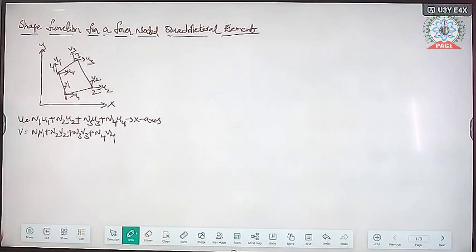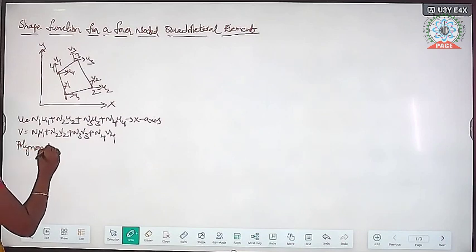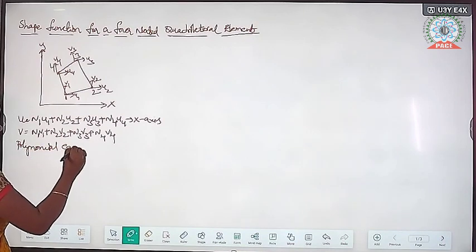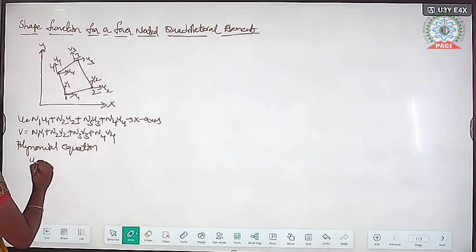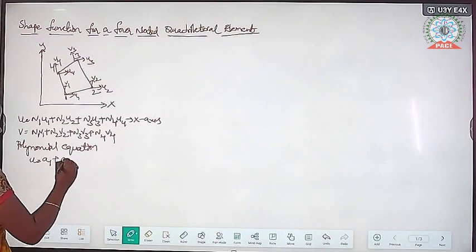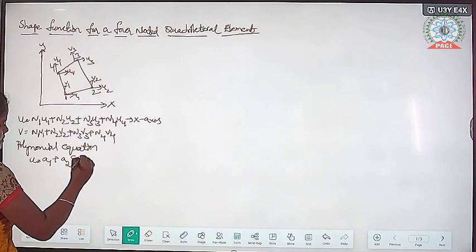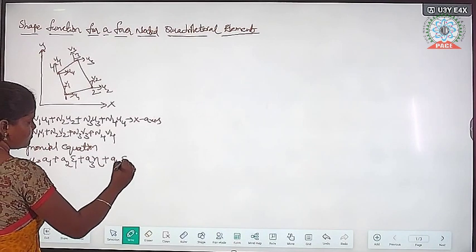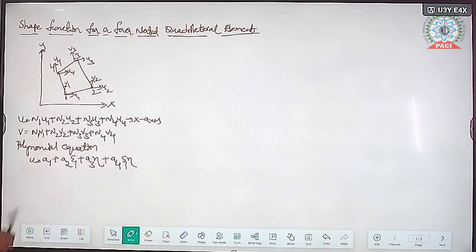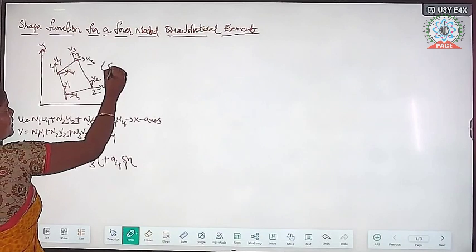We take the polynomial coefficient equation. From the polynomial equation, u is equal to a1 plus a2 xi plus a3 eta plus a4 xi eta. This is the polynomial coefficient equation, where xi and eta are the coordinates of this polynomial equation.